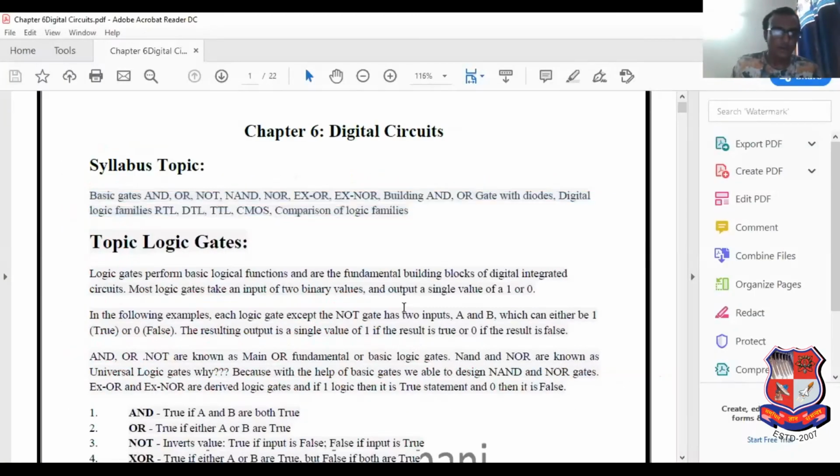First of all, logic gates perform the basic logical function and are the fundamental building blocks. What is the input of a logic gate? Either 0 or 1 can be considered as the input of a logic gate, and it can operate with digital signals only.